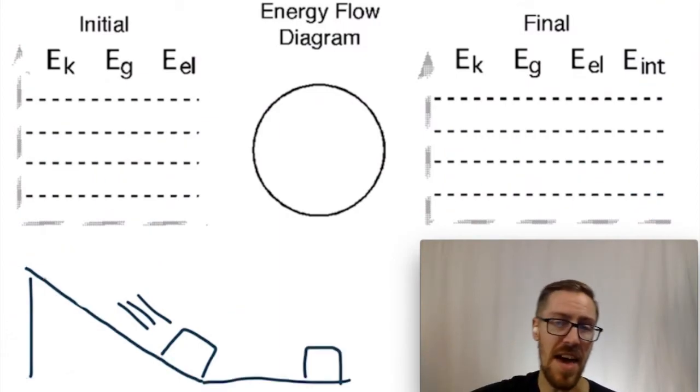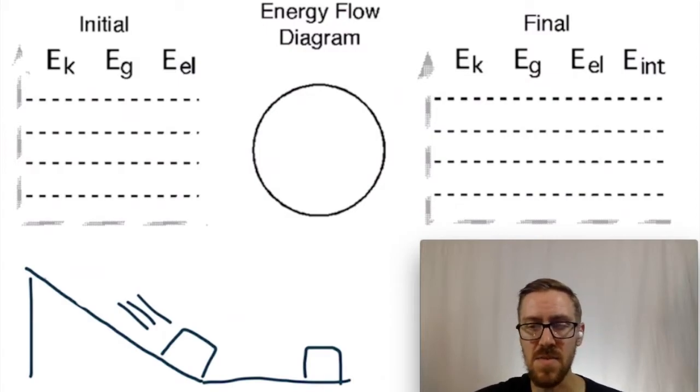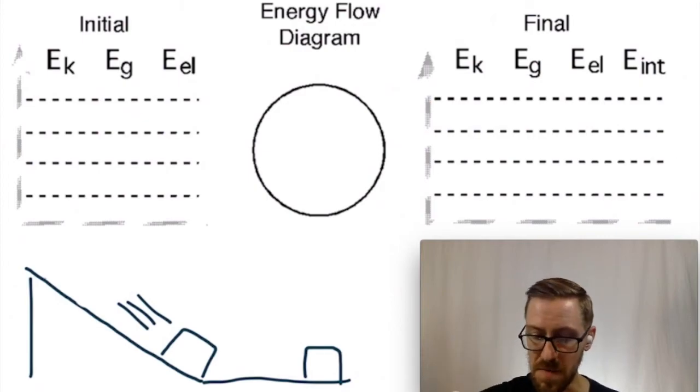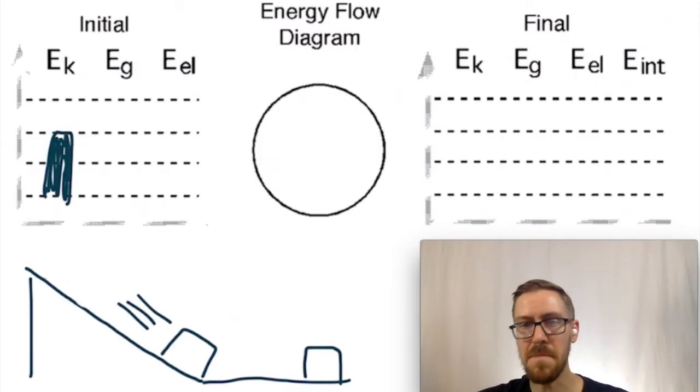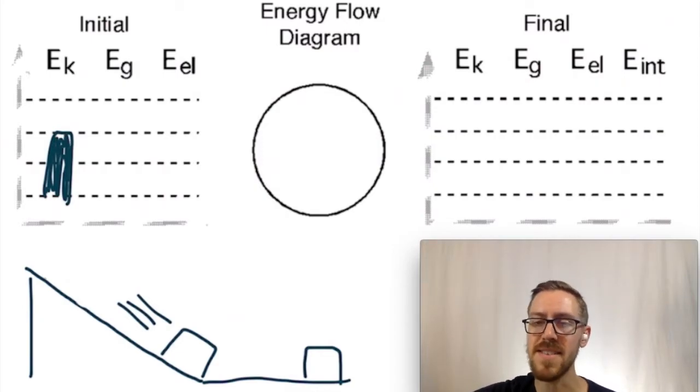Now, I've added another kind of scenario to the end of this one. So now our initial scenario is the one that we just had, where something's moving. And our final scenario is the box having finally come to rest, having run out of gas, the inertia is 0, and so now it's stopped.